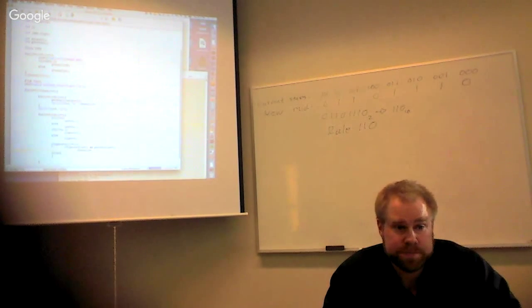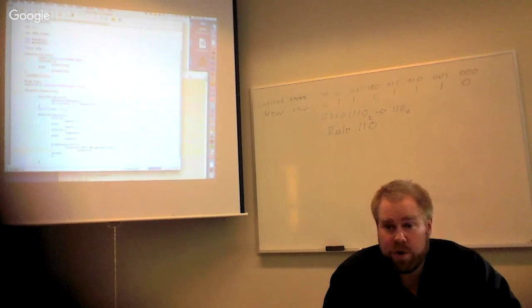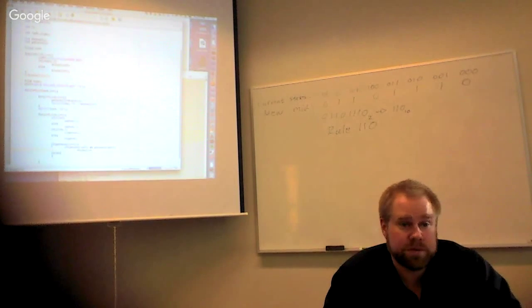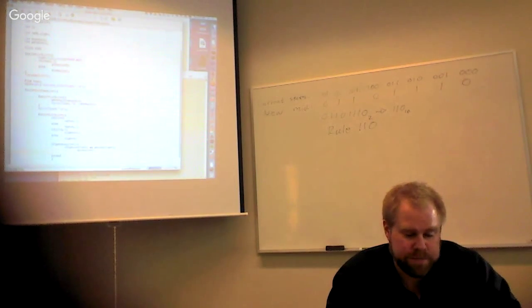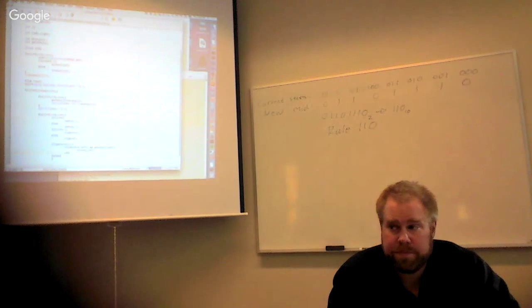What's my new state? Yeah, I have 1, 1, 1. What does 1, 1, 1 go to? Right, so we don't need the equals one. That's right. This can just be. Cool.